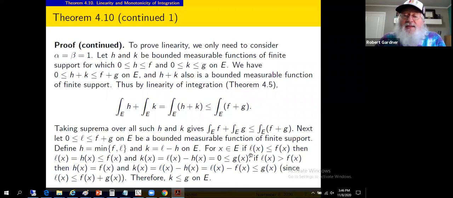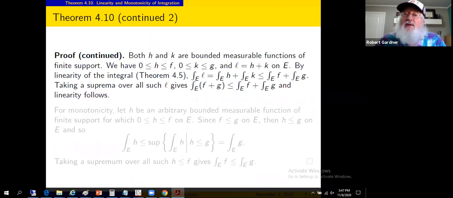So for these kinds of x values, we had the desired behavior. For the only remaining x values where that inequality is reversed, we have the desired behavior. That is, we've got h less than or equal to f, and we've got k less than or equal to g on set E. Okay, what's up now? h and k are bounded measurable functions of finite support that are less than or equal to f and g respectively.